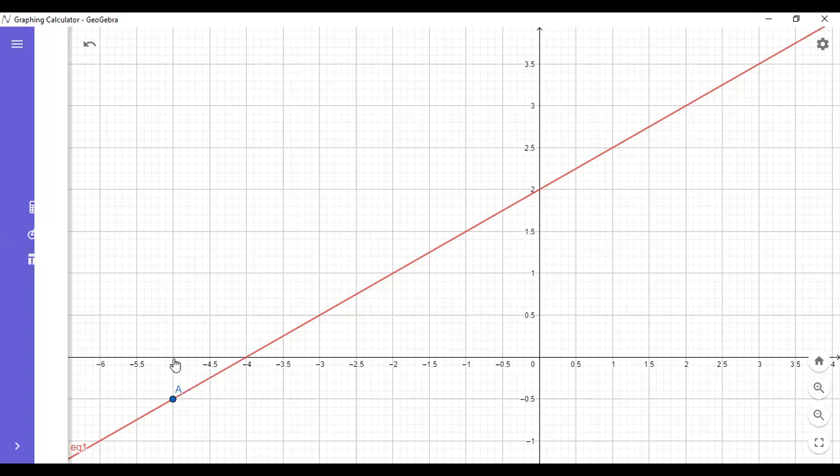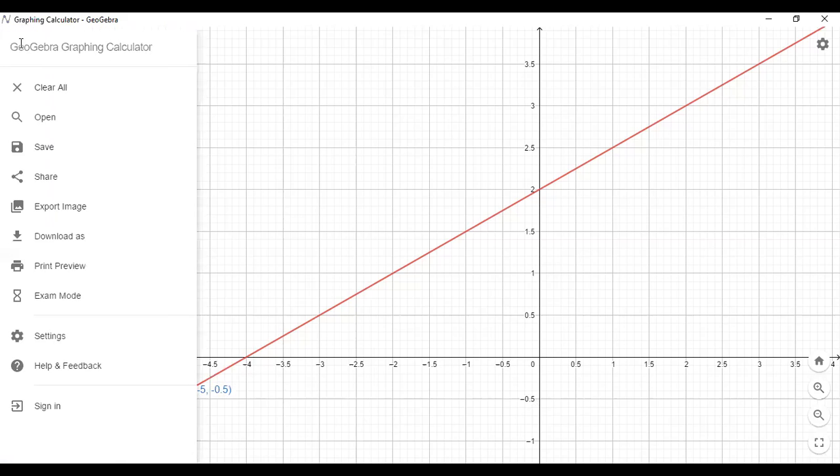If x is minus 5, the value of y is minus 0.5. Let me write its coordinates. Perfect. So when x is minus 5, y is negative 0.5.